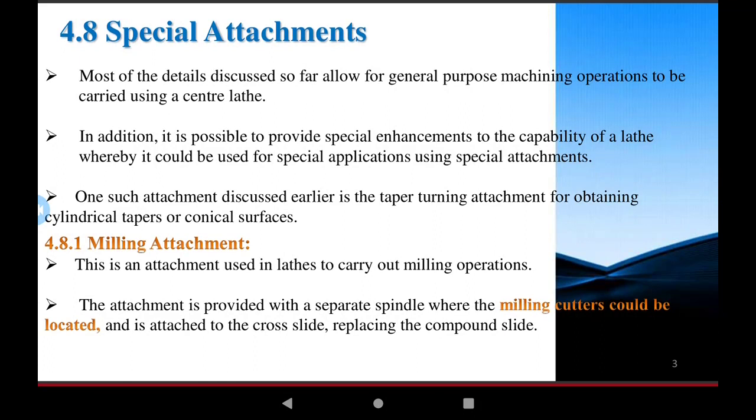In addition, it is possible to provide special enhancement to the capability of a lathe.